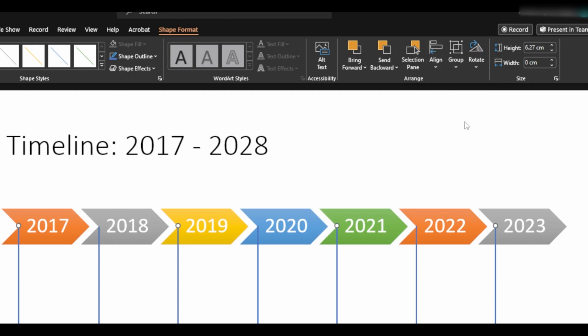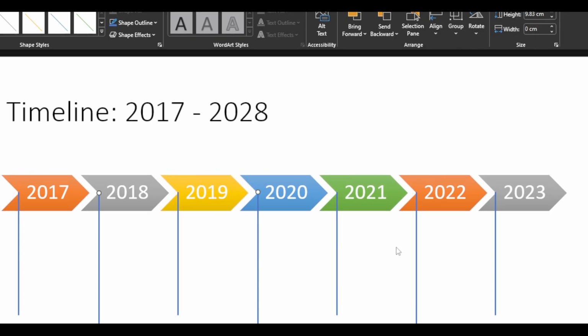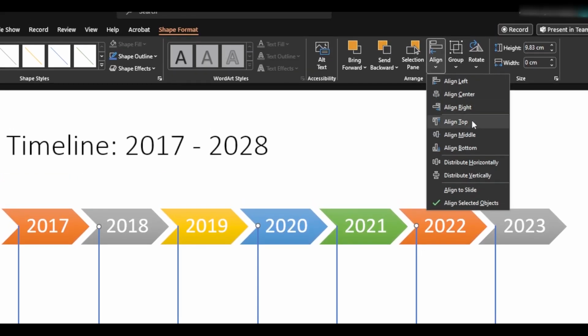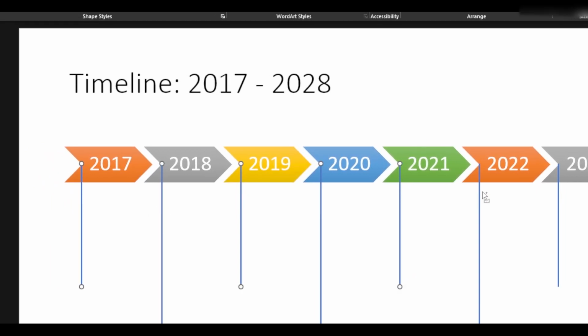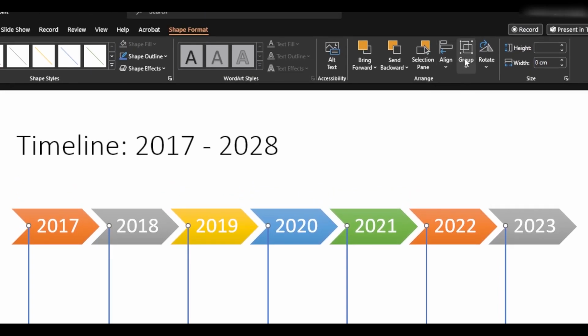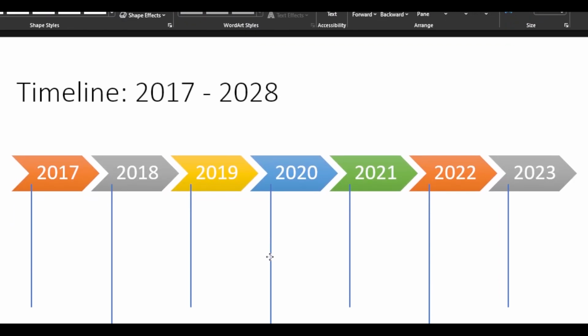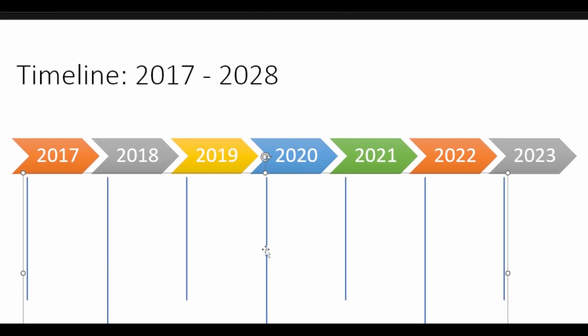So align at the top so that they are all aligned, and then the same goes for this one. So let's align that top as well. Now we can go ahead and group all of these up right there. So now we can just adjust this to however we want right here.